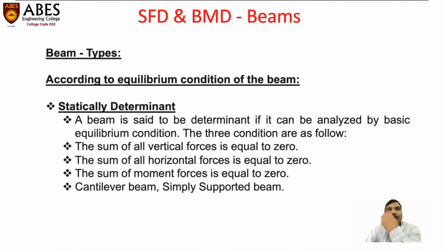If it is not possible to calculate all the unknowns from the given number of equations, then we call that type of beam a statically indeterminate beam. Examples of statically determinate beams are simply supported beams and cantilever beams.